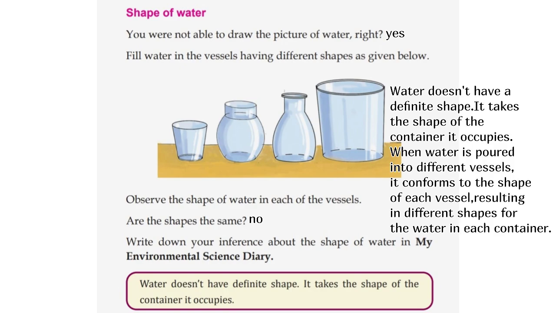Water doesn't have a definite shape. It takes the shape of the container it occupies. When water is poured into different vessels, it conforms to the shape of each vessel, resulting in different shapes for the water in each container.